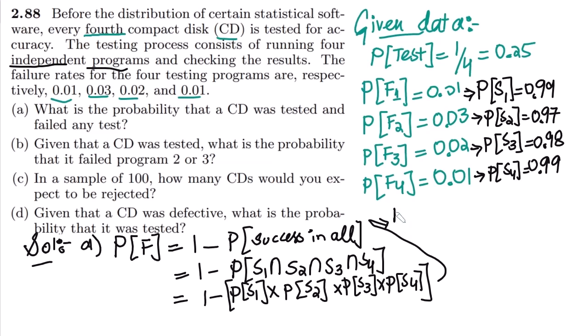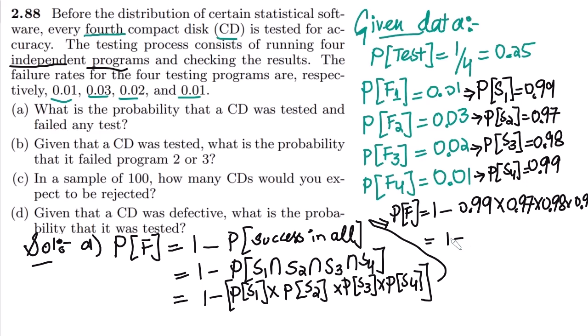So the probability of a failure would be 1 minus the probability of success in S1, which is given, and that is 0.99, multiplied by the probability of success of S2, that is 0.97, into 0.98, which is the probability of success in test 3, and 0.99. Okay. So let me calculate it, and what would I get here?